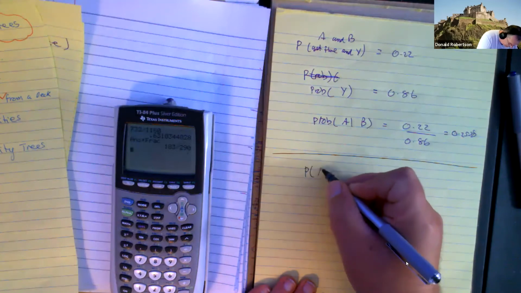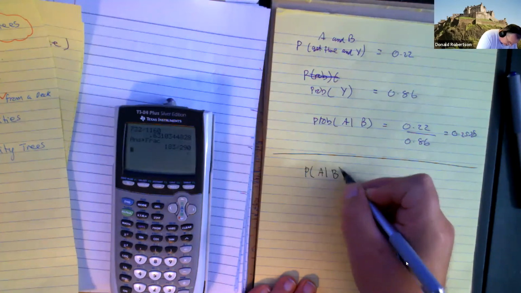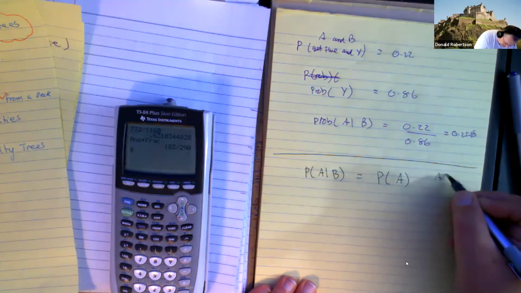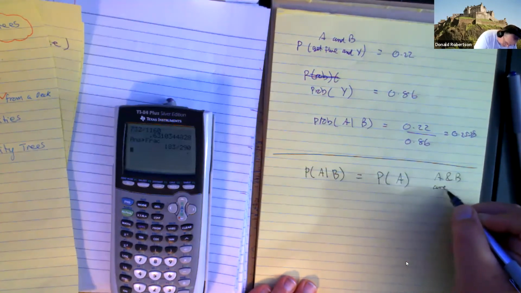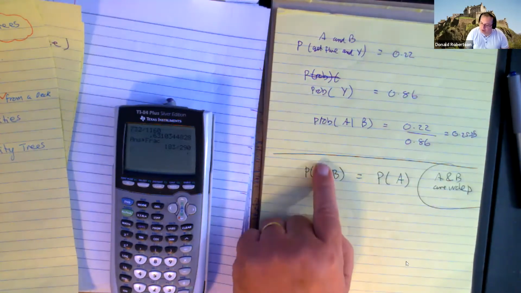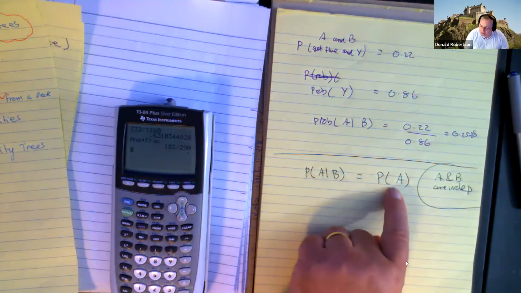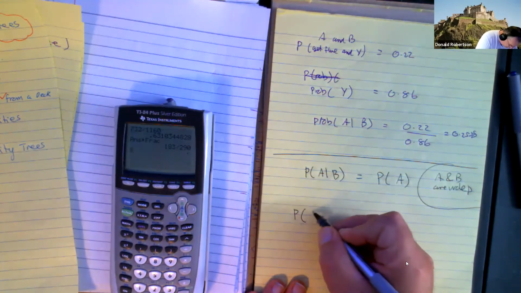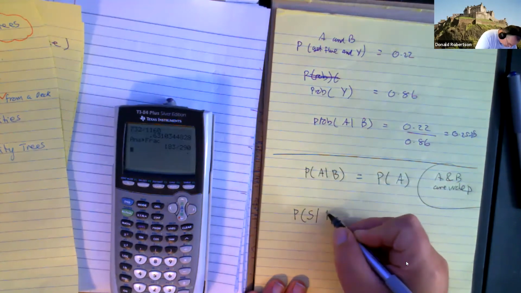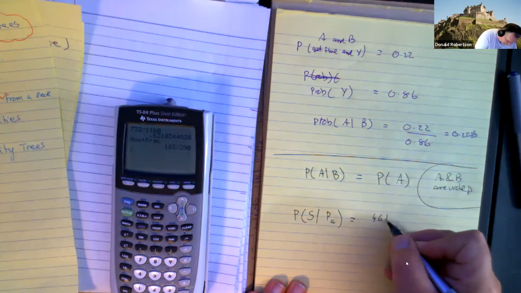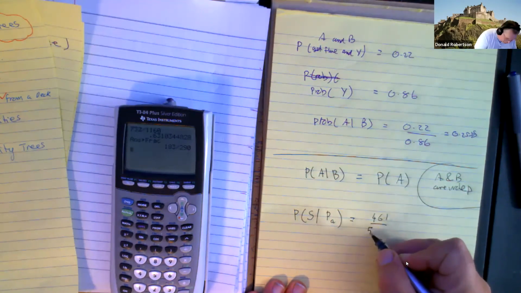If the probability of A given B is the same as the probability of A, then A and B are independent. Can you remember that? The probability of A given B, if it's the same number as the probability of A.